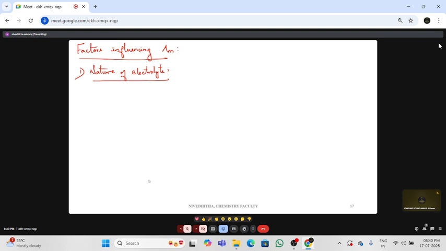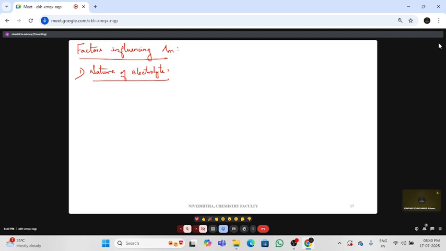Actually, it is any chemical compound. If you dissolve any chemical compound into water, and it gets dissociated into cations and anions, then that chemical compound is called an electrolyte. Or if you take any chemical compound and melt it, the molten form will have cations and anions. So that is called an electrolyte.